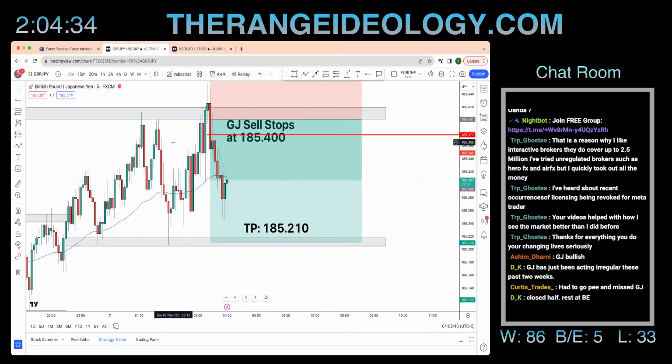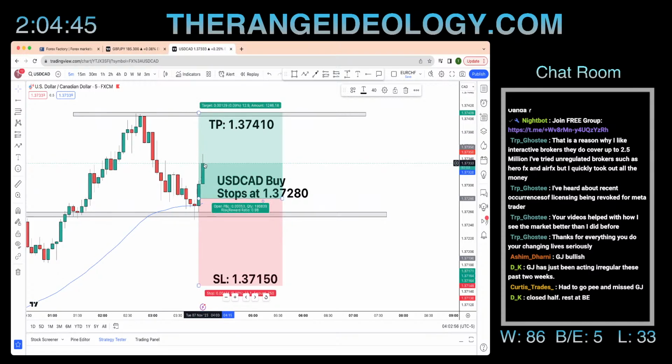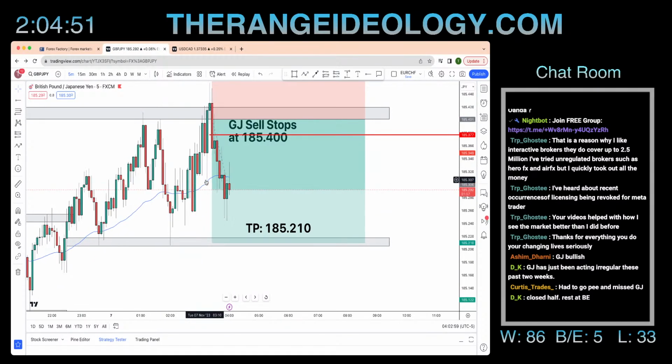Let's see here. Still have some minutes to go before the new 5-minute candle, and that's why I feel with the opening candle pressure, USD CAD can continue up. Likewise, GJ can continue down here.